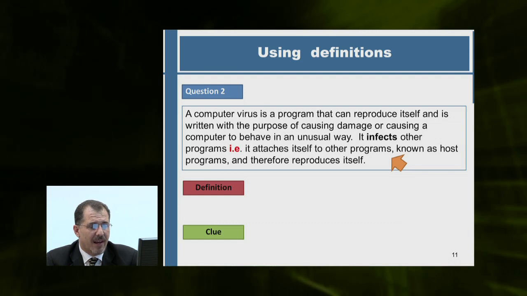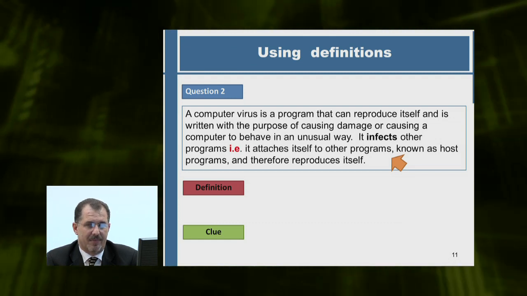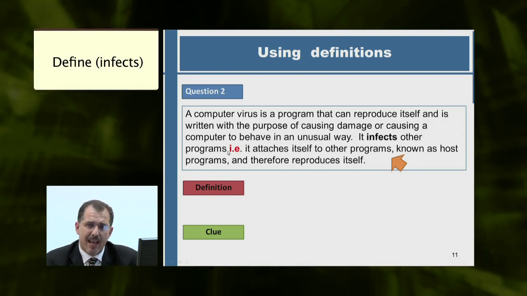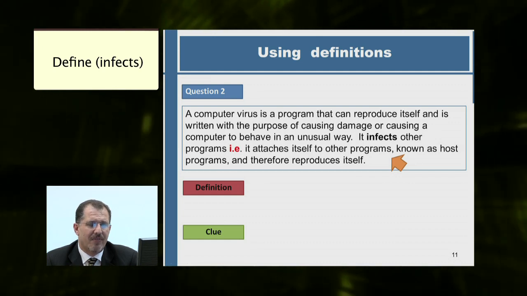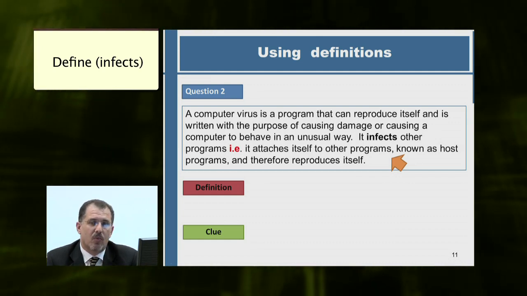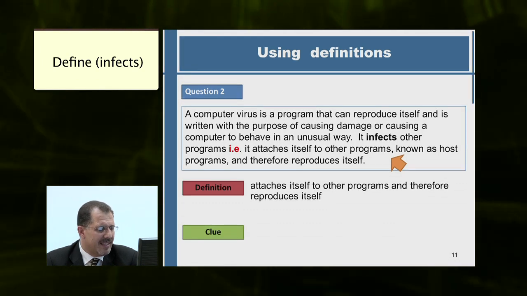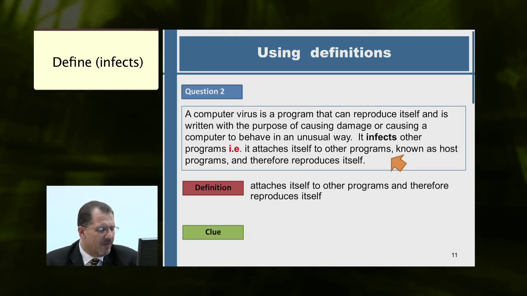Now you are going to define "infects." The targeted word here is infects. Try to find the meaning of infects. Be careful. You have to use this clue so as to figure it out. What do you think the meaning of infects is here? What's the definition? It's as follows: attaches itself to other programs and therefore reproduces itself. How can we figure it out? From the clue that follows.